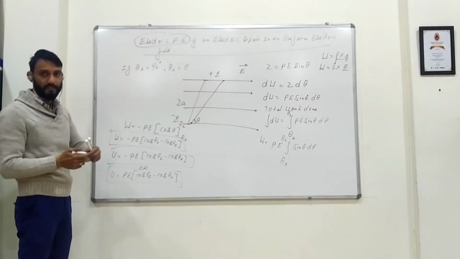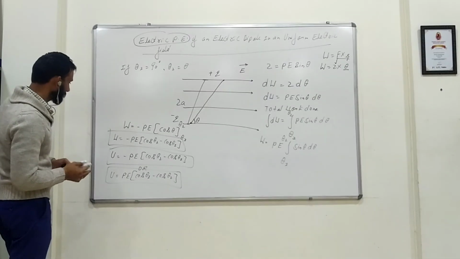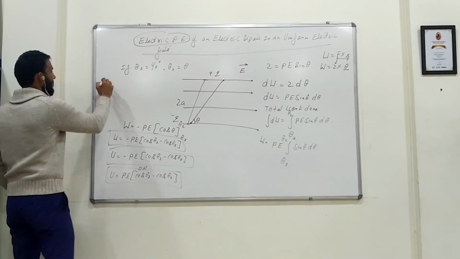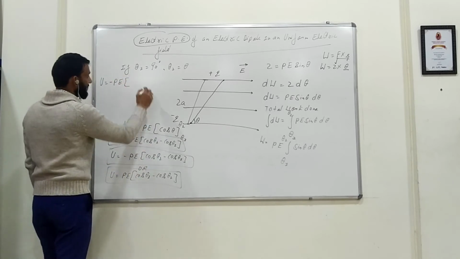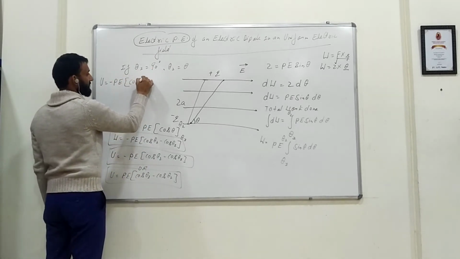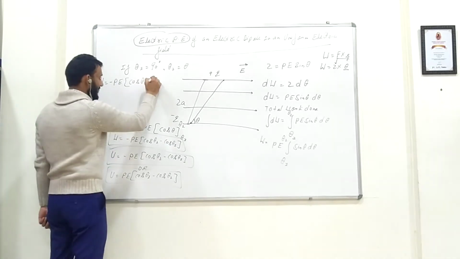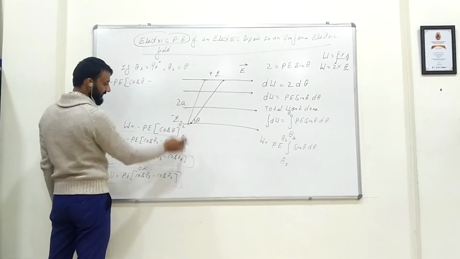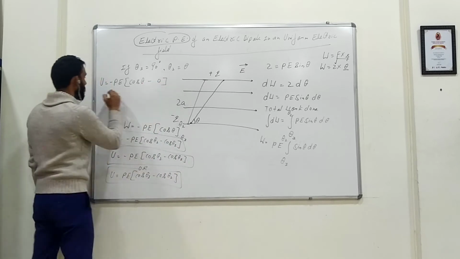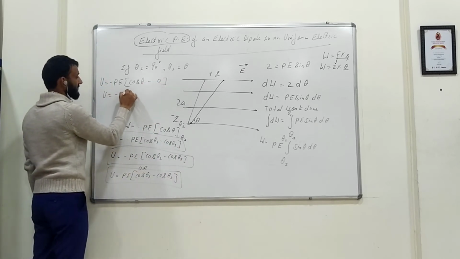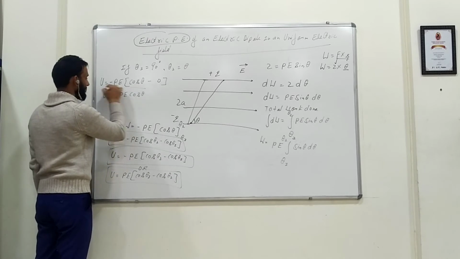So if I substitute it here, U is equal to minus p E cos theta 2, so instead of cos theta 2 I can just write cos theta, minus this will become theta 1, so cos 90 is 0, so U is equal to minus pE cos theta. That can be one special case, right?